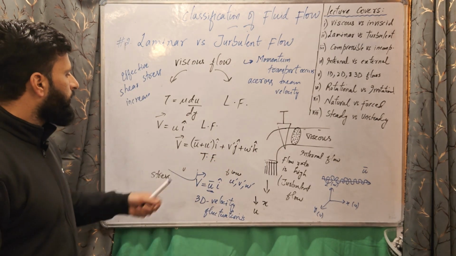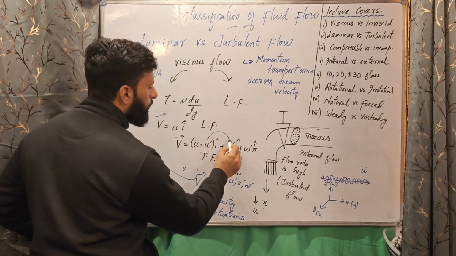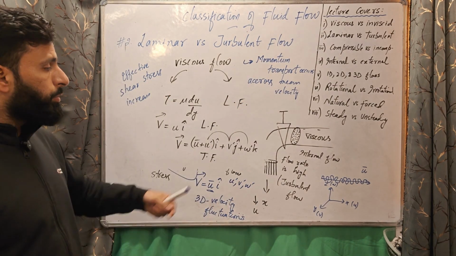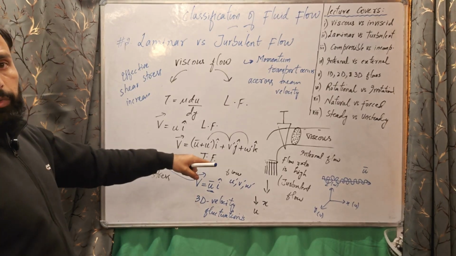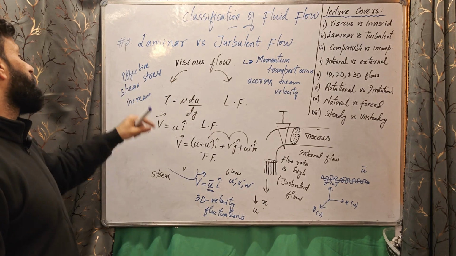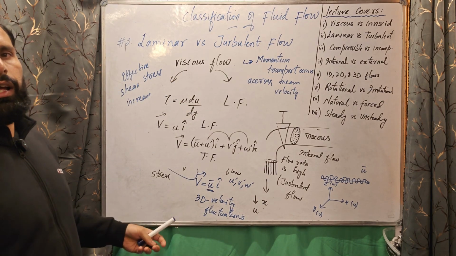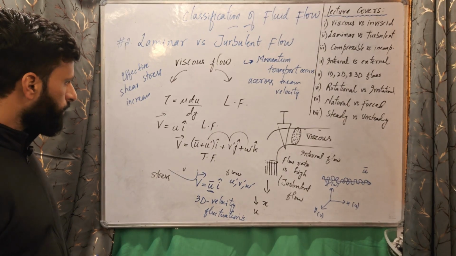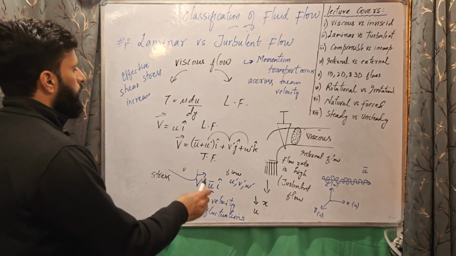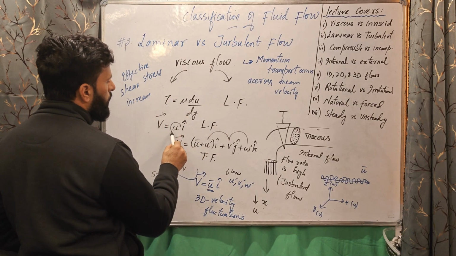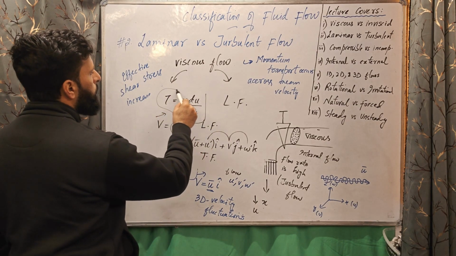It is the same, except we have 3D velocity fluctuations which result in momentum transport across the mean velocity, and which consequently increases the effective shear stress. That's why turbulent flows show higher shear stress than laminar flow. Now in case of laminar flow, the relationship between the shear stress and the velocity is very simple, like this.